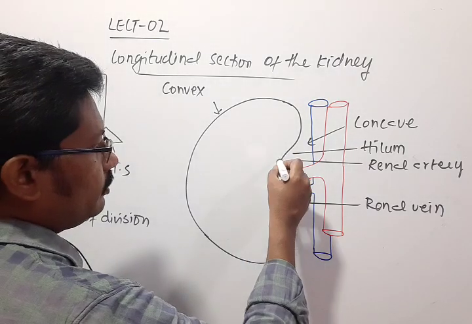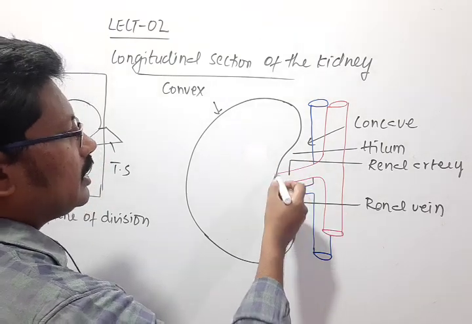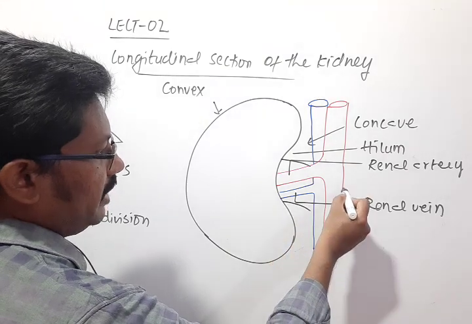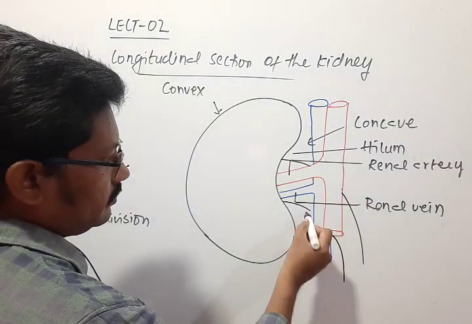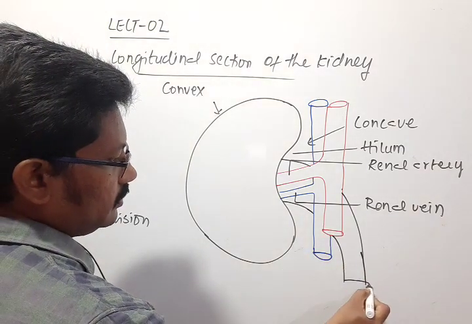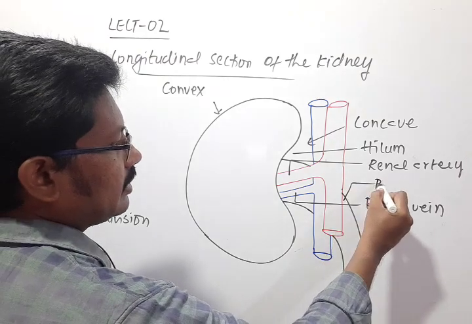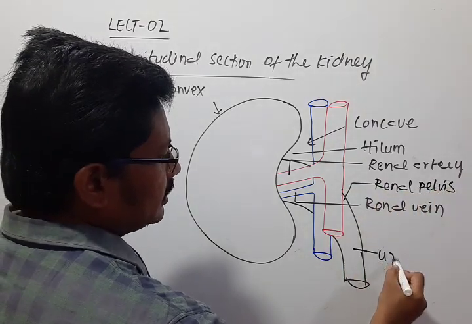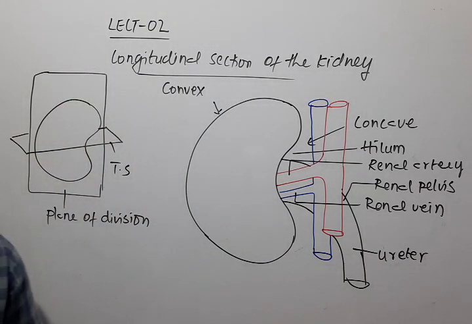And here you will see one more structure that comes out of this location, the renal pelvis. So this is the renal pelvis, and the renal pelvis continues as ureter.